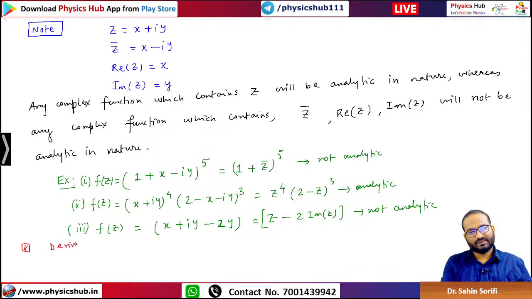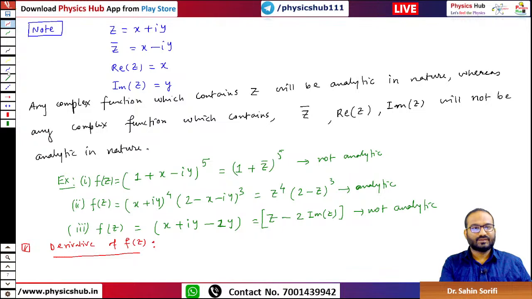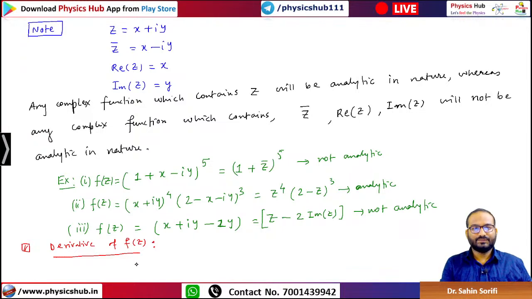Derivative of f of z, how do you calculate this? So first of all, you know f of z is equal to u plus iv, right? So f prime of z will be del u by del x plus i times del v by del x.